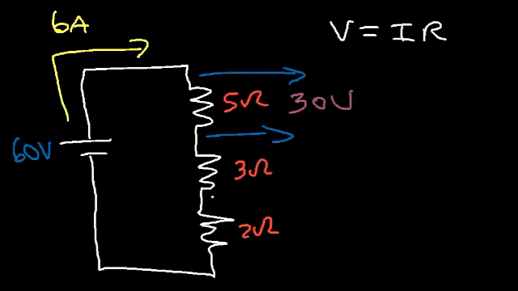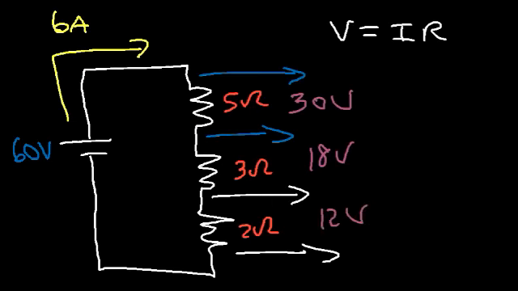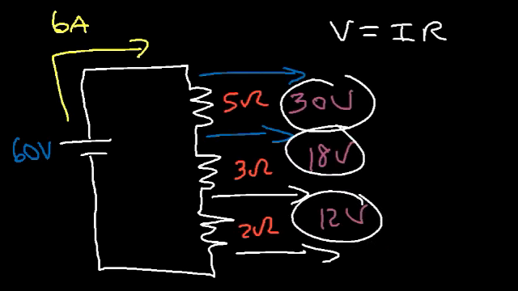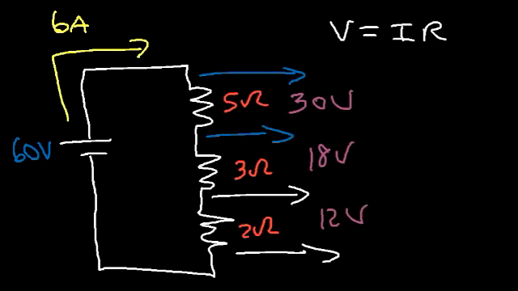And across the 3 ohm resistor, it's 6 times 3, which is 18 volts. And across the 2 ohm resistor, it's 6 times 2, which is 12 volts. Notice that 30 plus 18 plus 12 adds up to 60. The sum of the voltage drops of the resistors must add to the voltage of the battery, which is in harmony with Kirchhoff's voltage law.